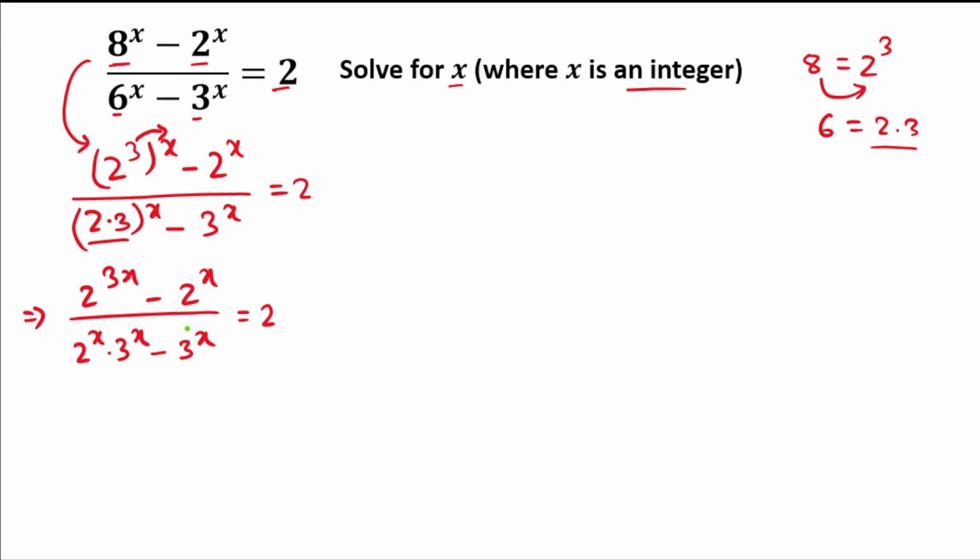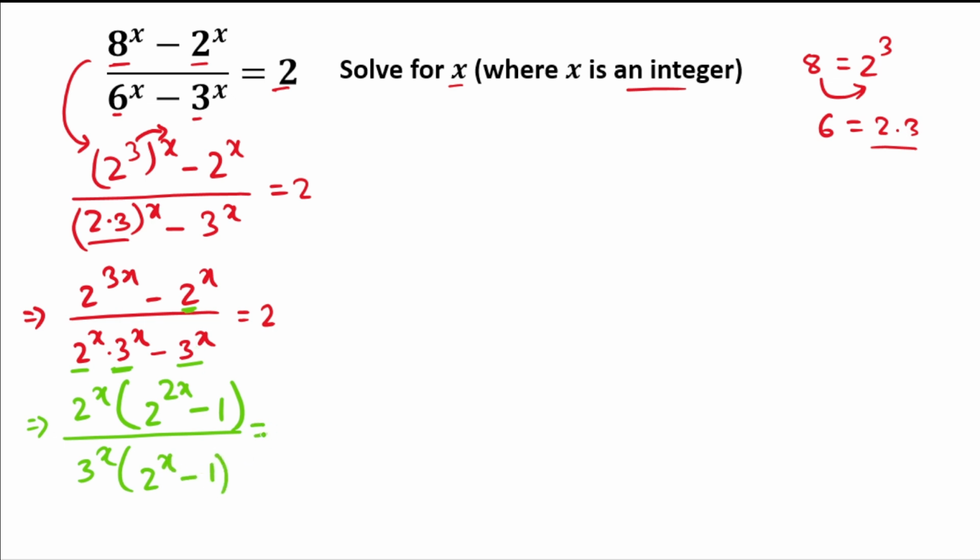Now from the numerator we can take 2 raised to the power x common, and the remaining is 2 raised to the power 2x minus 1. From the denominator we take 3 raised to the power x common, and the remaining is 2 raised to the power x minus 1, and that is equal to 2.